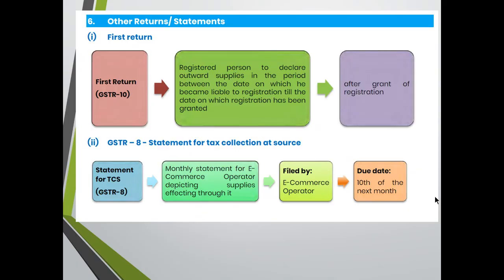So as in GSTR 7 for TDS deductors, for TCS collectors, e-commerce operators would be required to submit returns in GSTR 8. The due date is before the 10th of next month. So everybody kindly type this return, GSTR 8 for TCS.